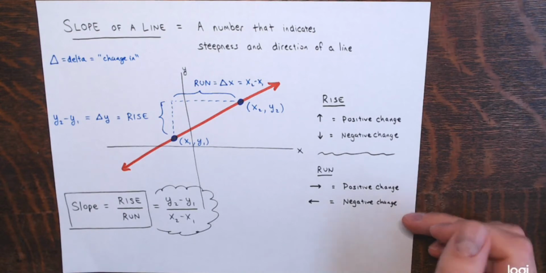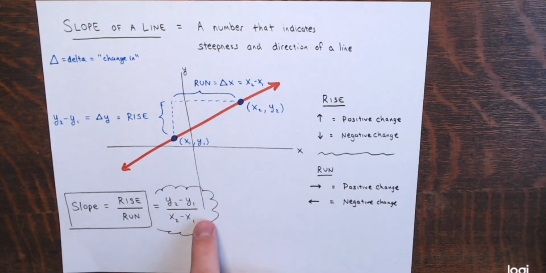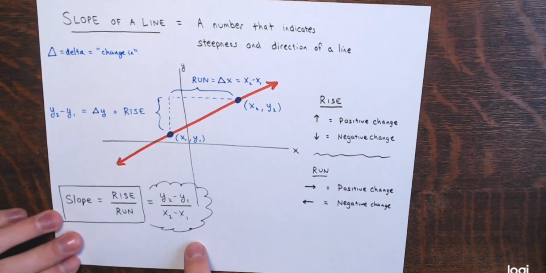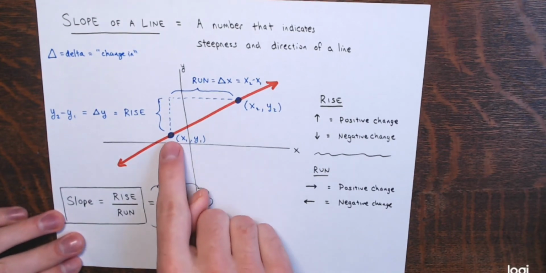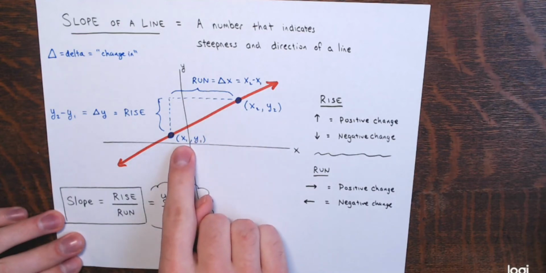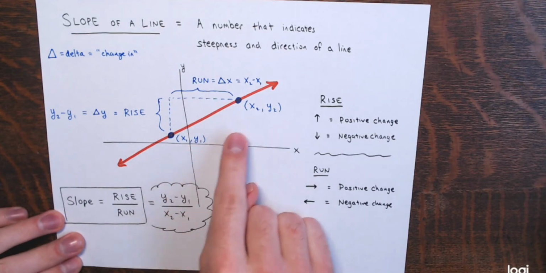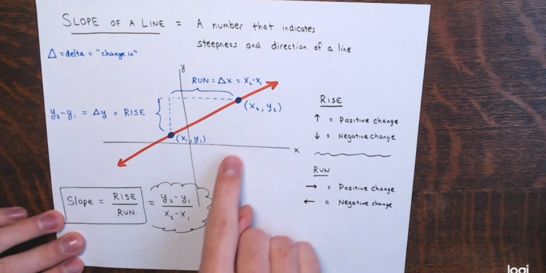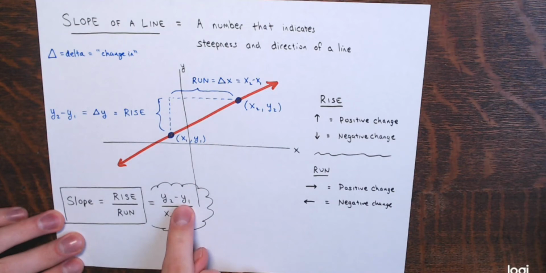And then what I have here in this cloud is the slope formula that they're talking about in this section. If I label the 2 points with coordinates x1, y1 and x2, y2, then the rise is just the change in the y coordinates, y2 minus y1, divided by the run, which is the change in the x coordinates in the same order.